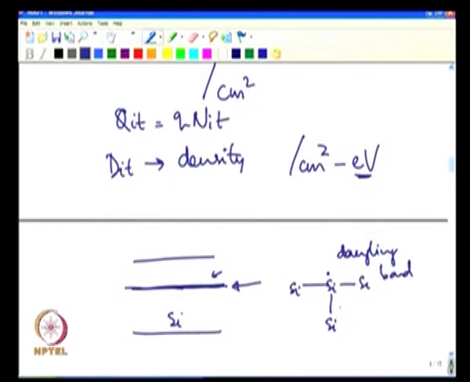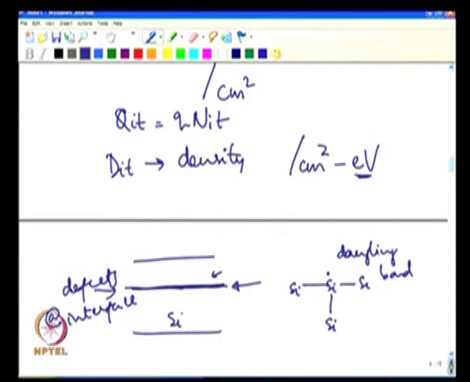And similarly, you may have an oxygen here, and that oxygen bond length with silicon may not be perfect as it should have been in silicon oxide. So, all these are defects again, and these defects are exactly at the interface. And this is very important, because they are exactly at the interface, their charge state changes.